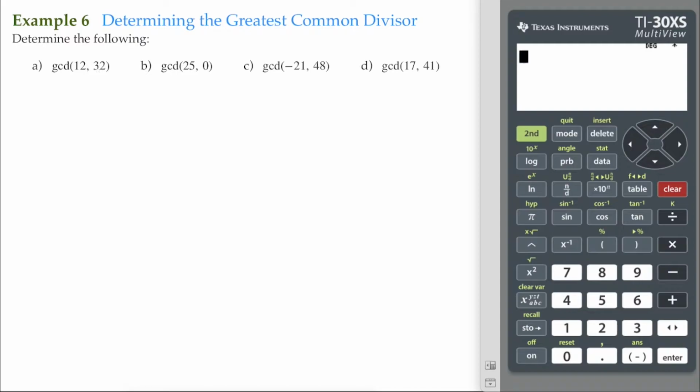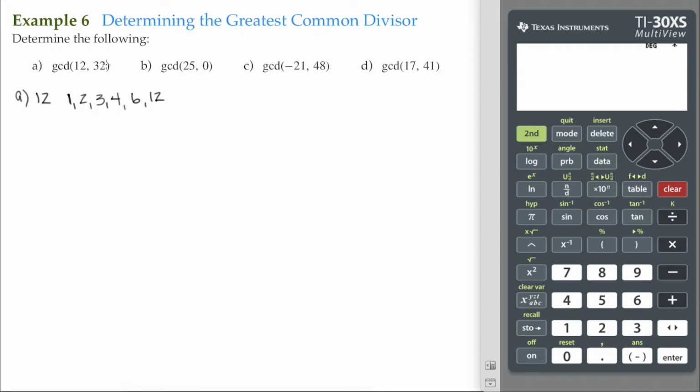is the largest. So for A here, we have 12. So the divisors of 12 are 1, 2, 3, 4, 6, and 12.